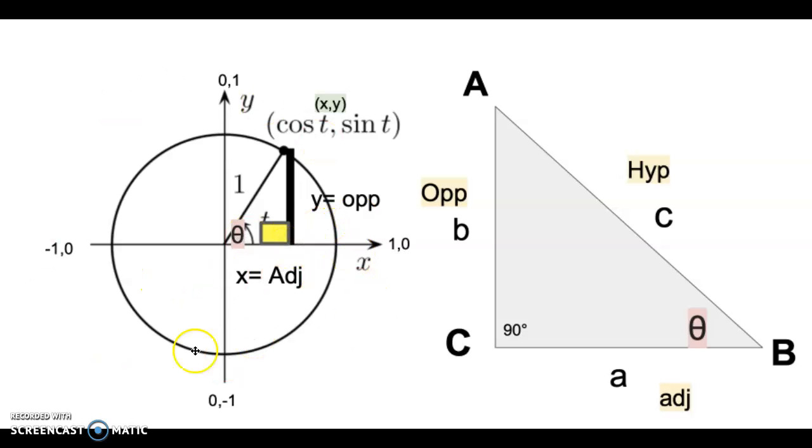In both these diagrams it's pretty simple to find the x and the y. As I went along today, showing you how to find the ratios, you were able to grasp how to find them in a unit circle and then in a right triangle.